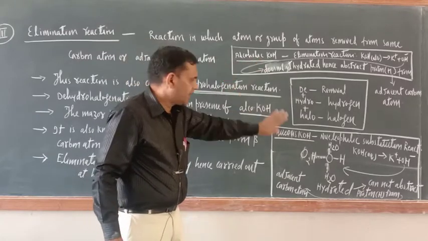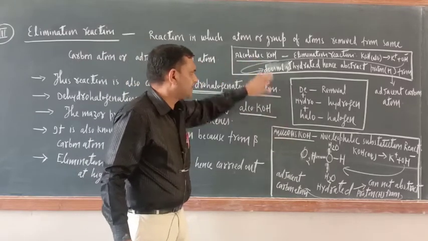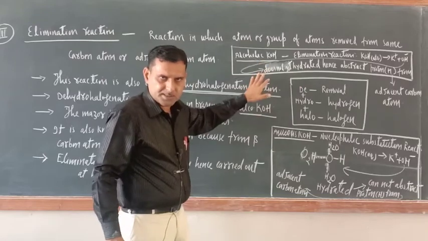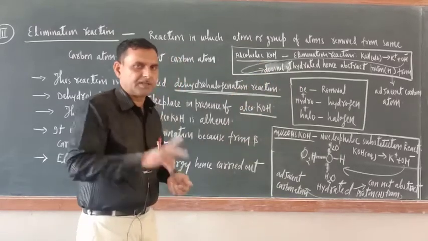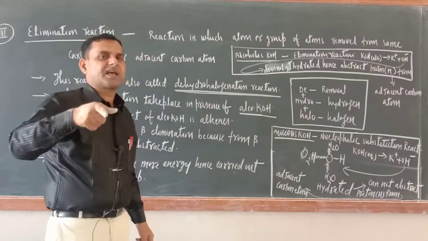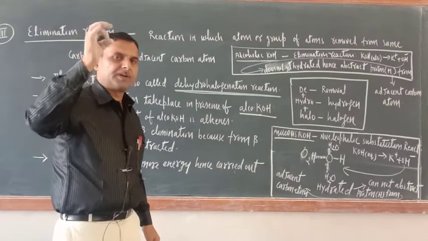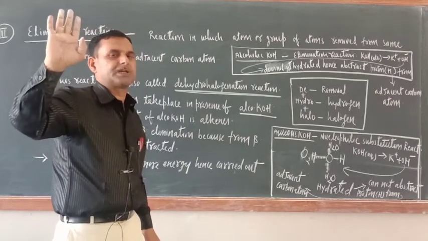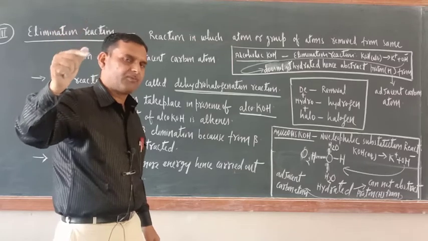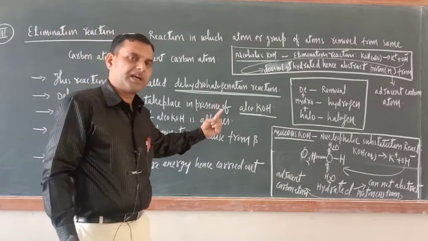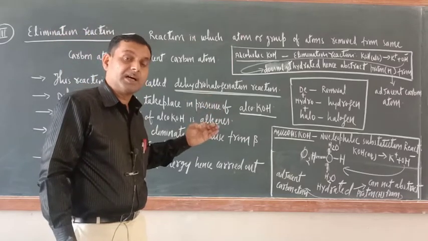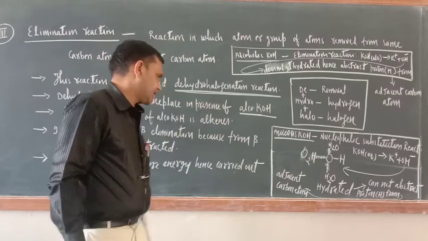I wrote it in the box; these two things I will explain later on, then you will come to know. Always remember, aqueous KOH always brings nucleophilic substitution reaction, let it be SN1 or SN2. Alcoholic KOH always brings about the elimination reaction.